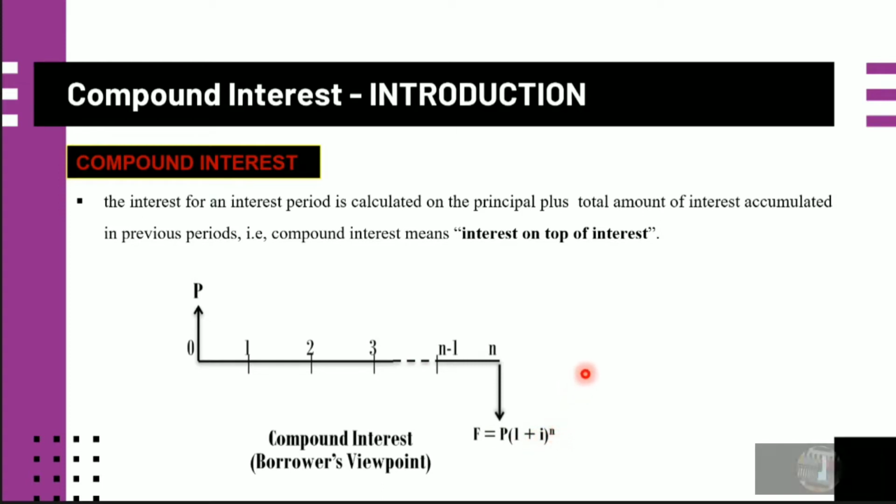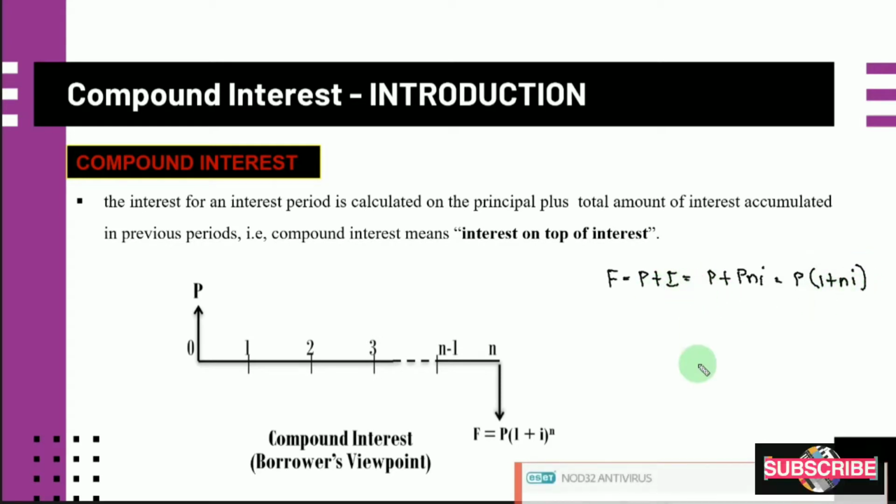Okay, so you can see the difference in the formula when you consider simple interest. In simple interest, F is equal to P plus I, and I is just equal to P n i. Then with the extra P factored out, we have P times 1 plus n times i.